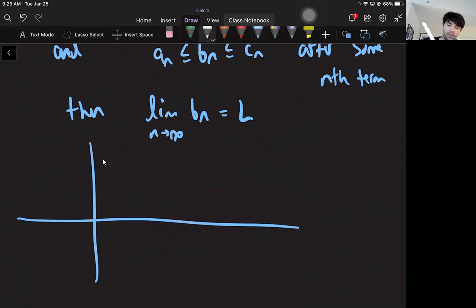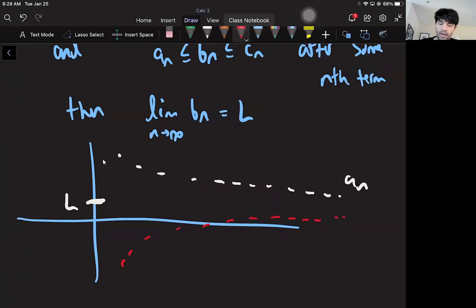In pictures, it just looks sort of like this. You already know that An looks like this, maybe. It's going towards some value L. That's what it's converging towards. And you also know that this other one is going towards L, maybe from the opposite side or something. Then you automatically get to say, it doesn't matter what happens over here.